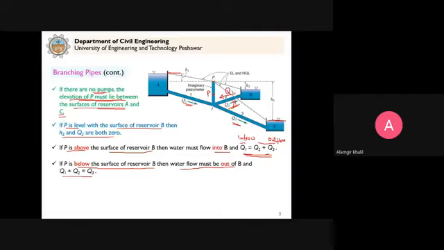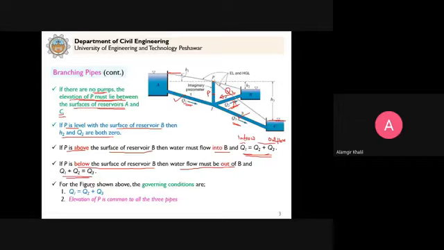Clear? So Q1 will be the same. Q2 will be out of reservoir B into this junction point J, and Q3 will be into reservoir C. So in that case, you can see that Q1 plus Q2 will be equal to Q3.